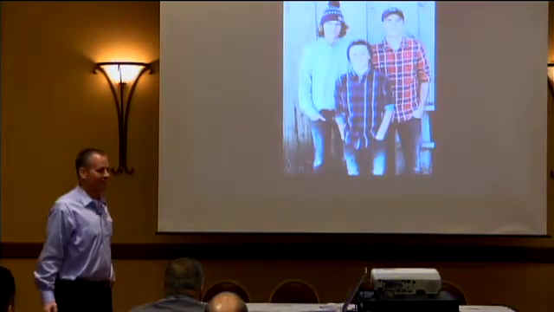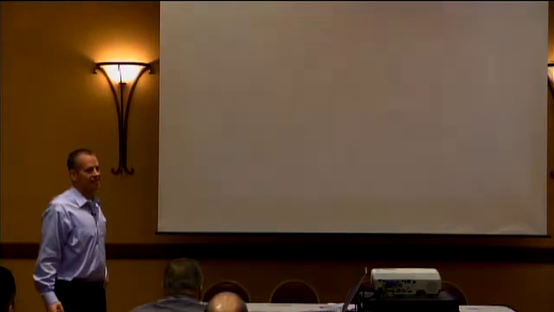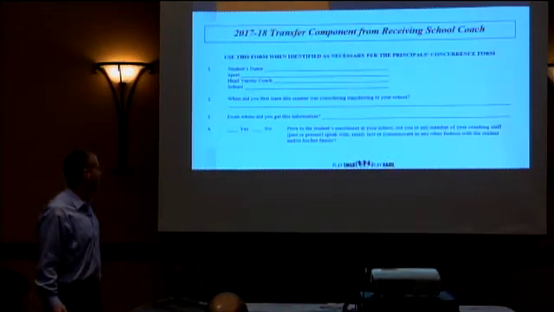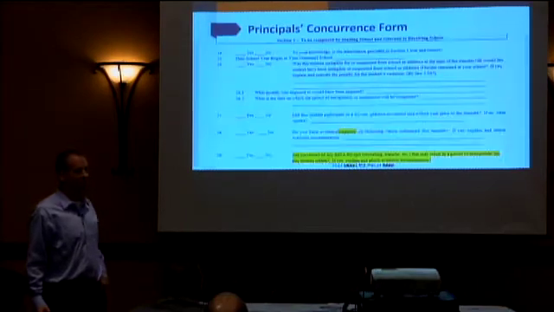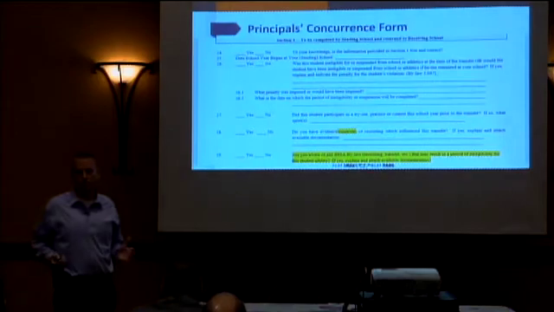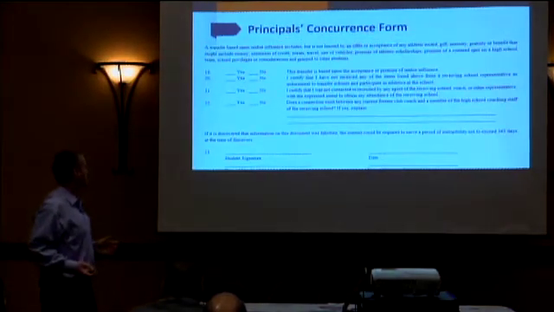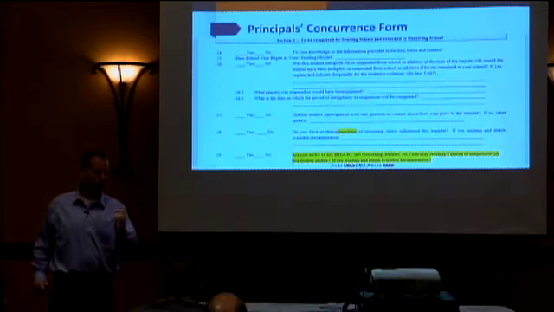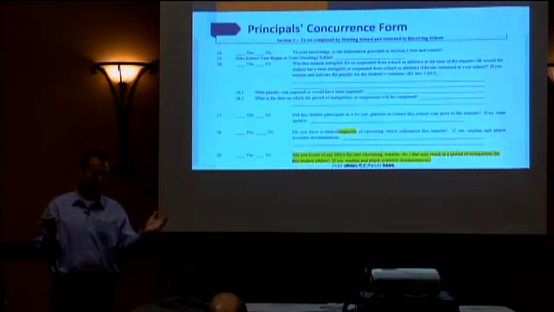Go ahead. So this starts with transfers for next year, so kids coming in this summer, 17, 18, should be doing this. Yes. And an incoming freshman who moved into the community, you wouldn't need to do this. Correct. New students to your school as a freshman, they're open.